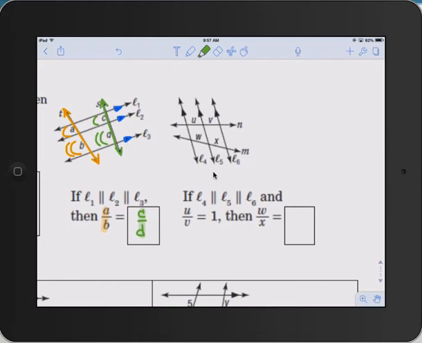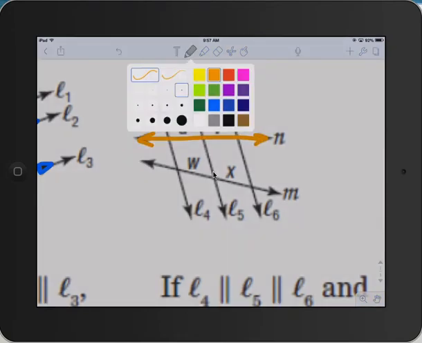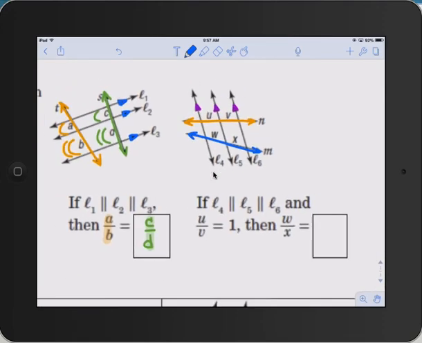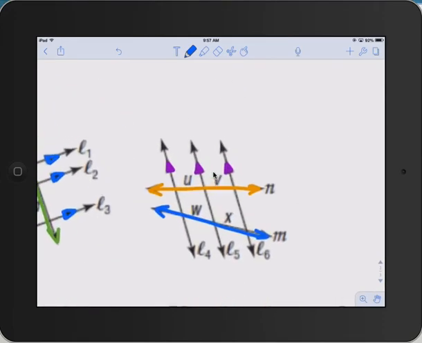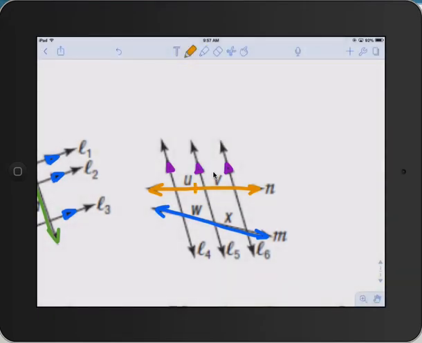Okay, now you can also specialize this and talk about one specific case. So if you happen to have parallel lines cutting 2 transversals again, and you know that this ratio is a 1-to-1 ratio, that means that these are congruent to each other, right?